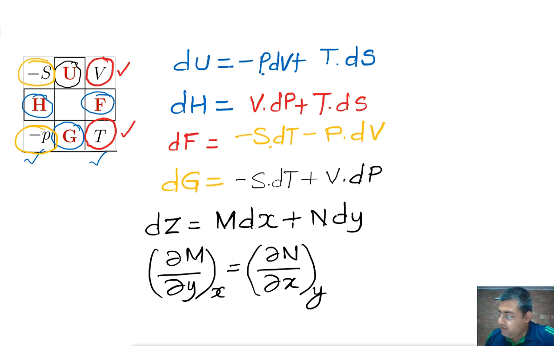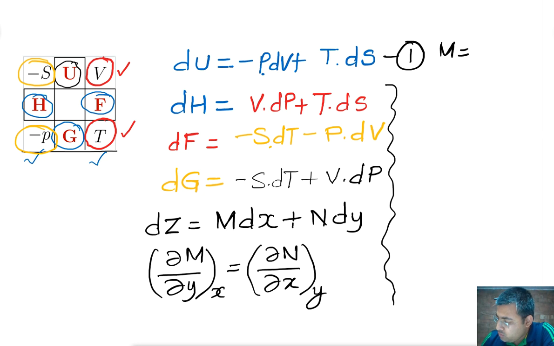Now I'm focusing on equation 1. What we have to do is compare dz is equal to m dx plus n dy with du is equal to minus p dv plus t ds.